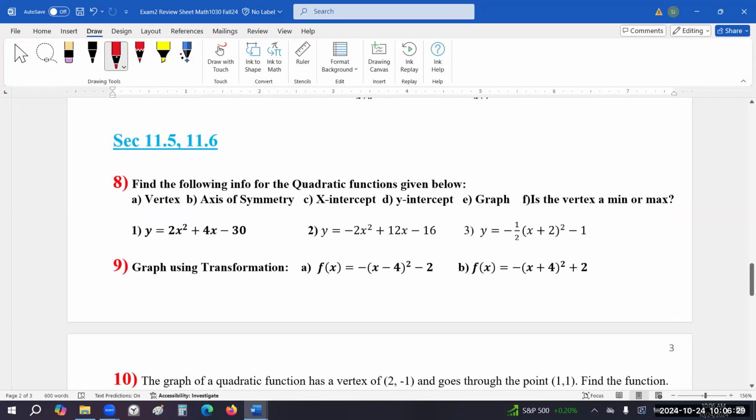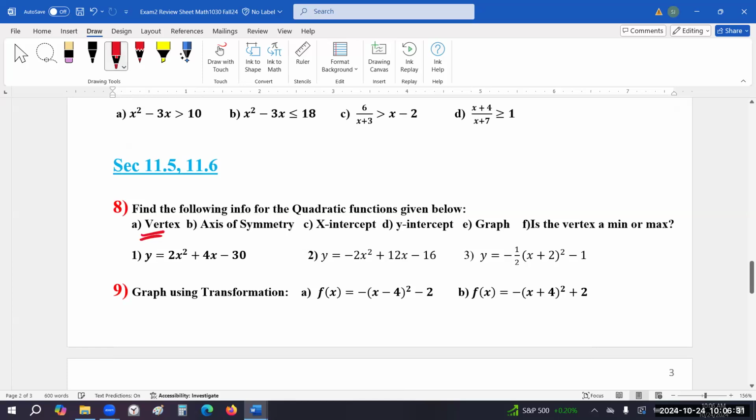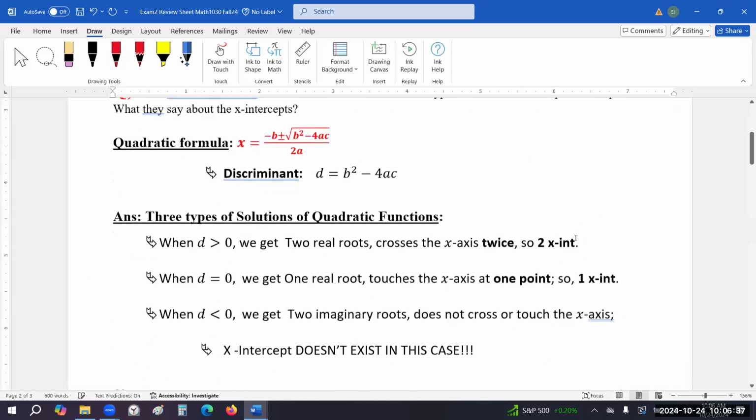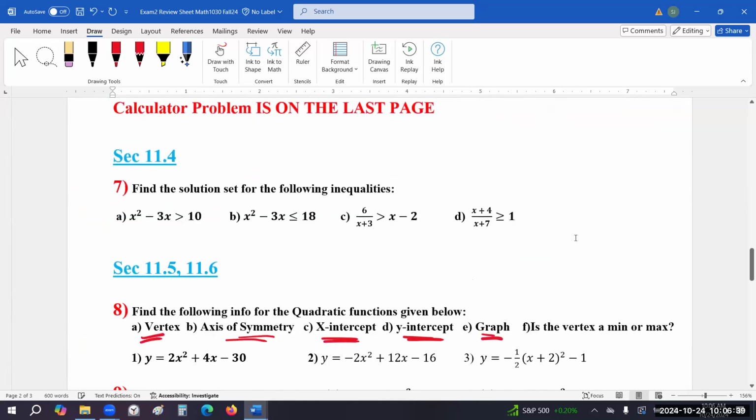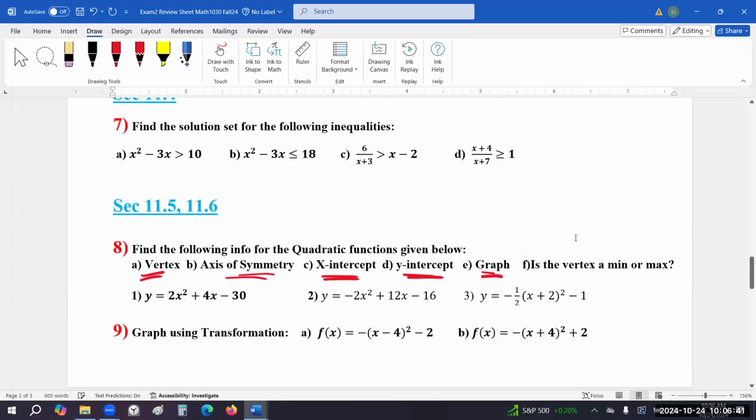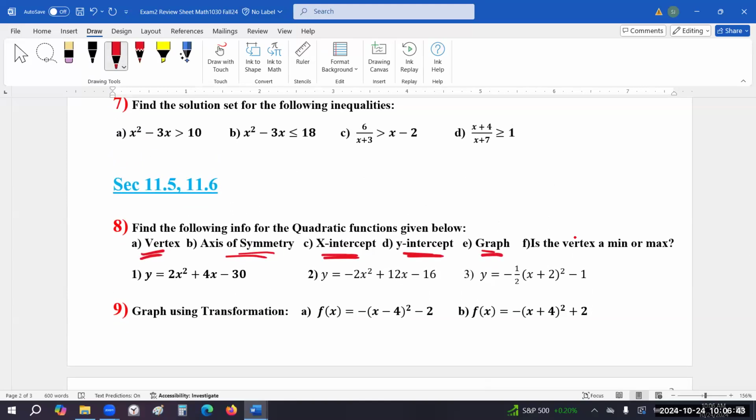So 8 says find everything. Vertex, axis of symmetry, x-intercept, y-intercept, graph, and whether the vertex we got gives us a maximum or a minimum. So if we have an upside down parabola, we have a maximum. If you have an upward parabola, the vertex gives us a minimum.